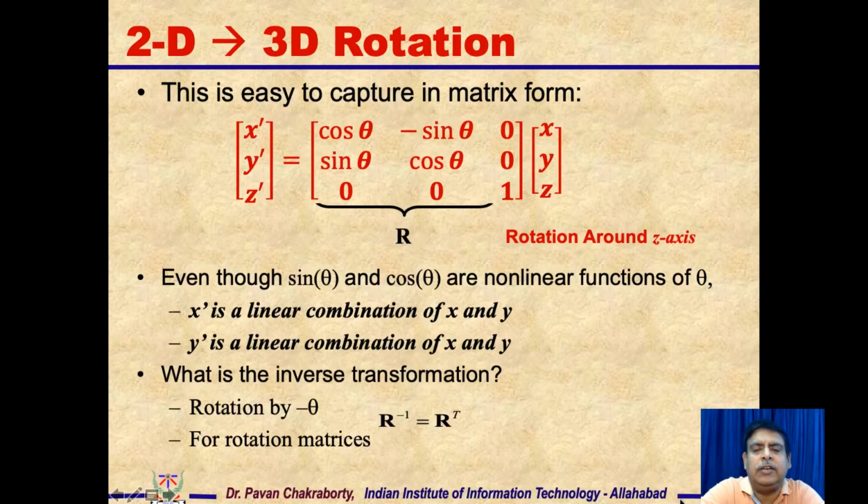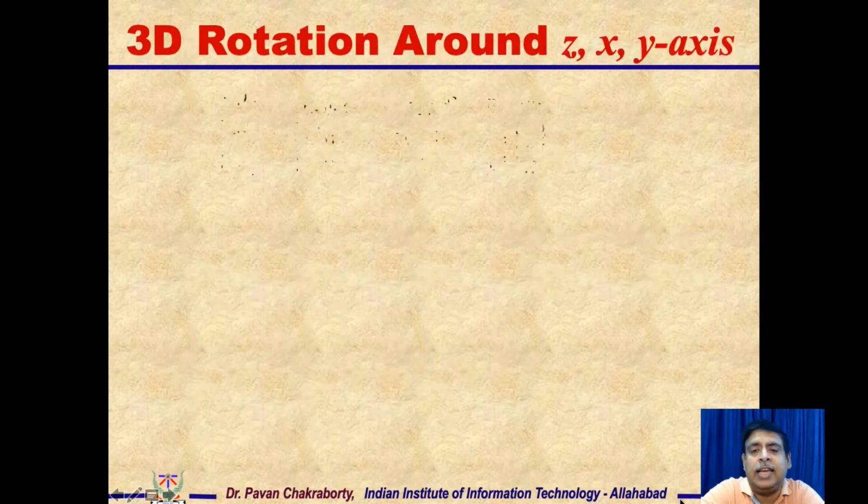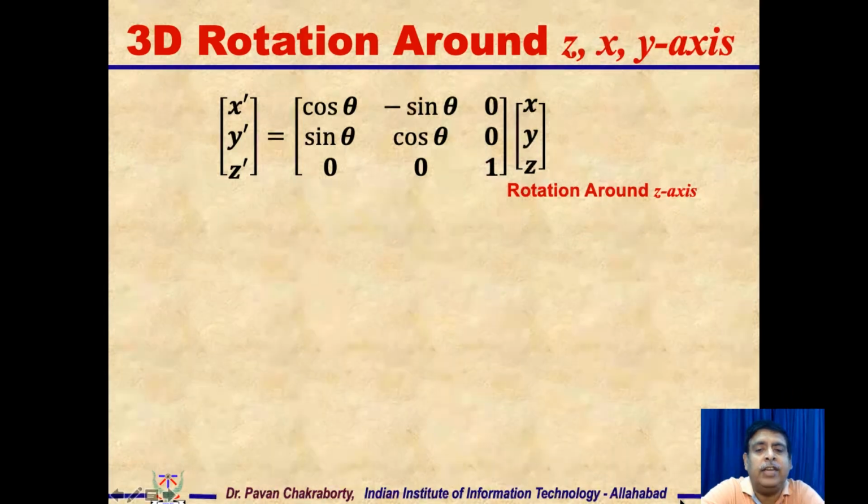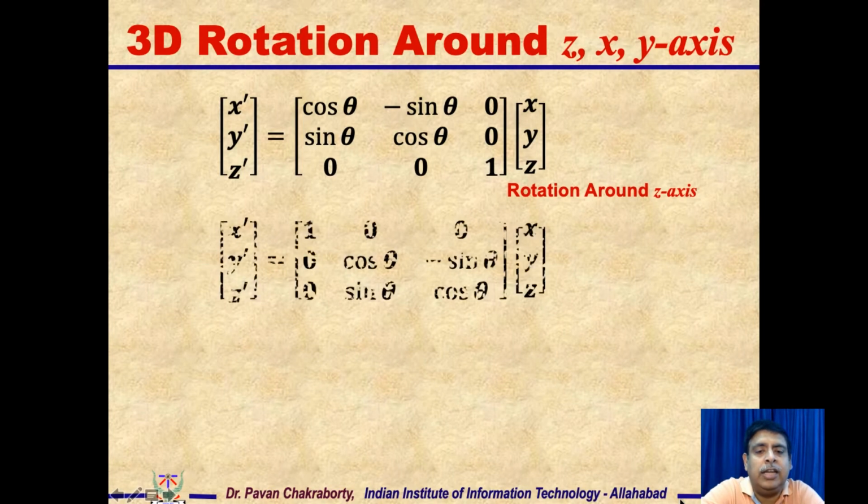Now we could find a rotation around the other axes. We could rotate around the x-axis or y-axis or z-axis. If we rotate around the z-axis, the matrix is given here, which was shown earlier.